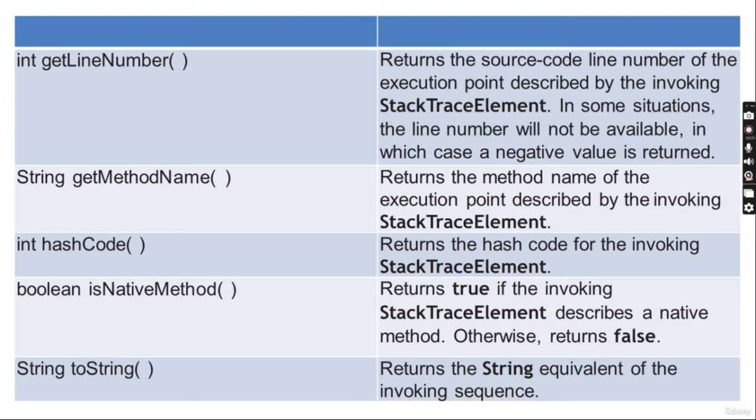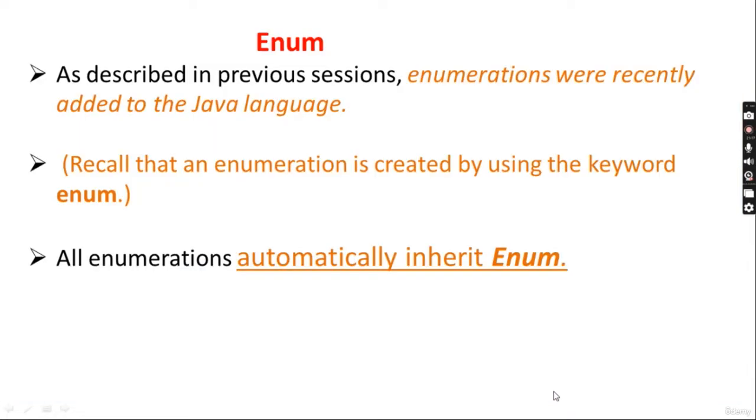In some situations, the line number will not be available, in which case a negative value is returned. String getMethodName returns the method name of the execution point. Integer hashCode returns the hash code for the invoking StackTraceElement. Boolean isNativeMethod returns true if the invoking StackTraceElement describes a native method, otherwise it returns false. String toString returns the string equivalent of the invoking sequence.